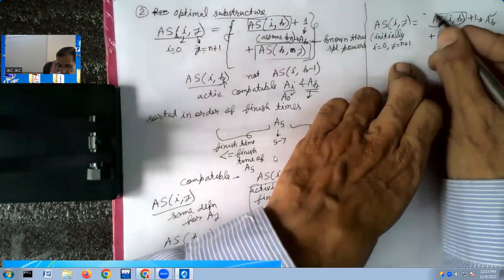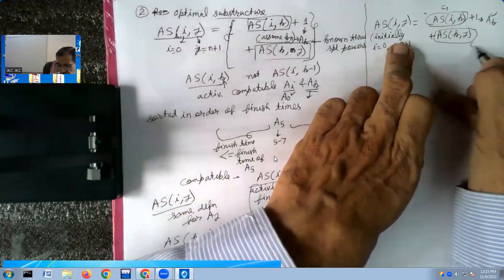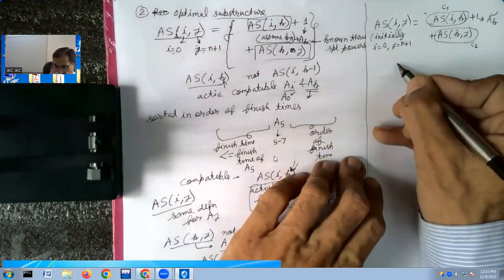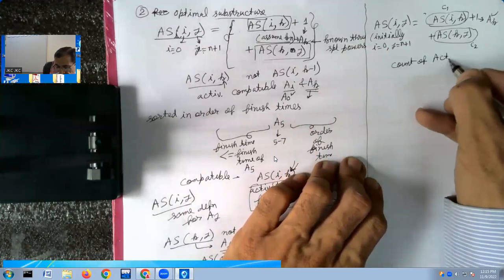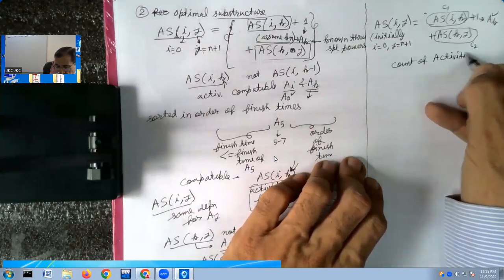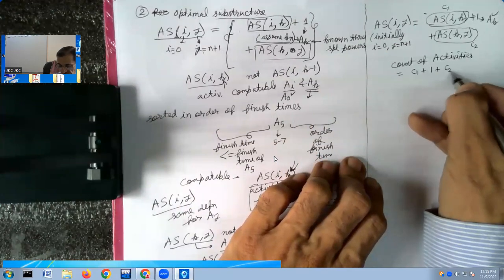So if this subproblem gives the size of the set as C1, and this gives C2, then my count of activities will simply be equal to C1 plus 1 plus C2.